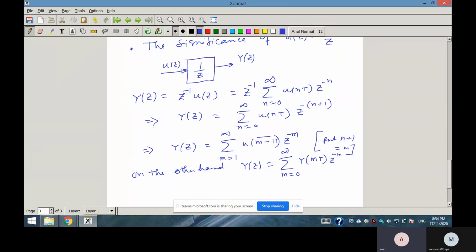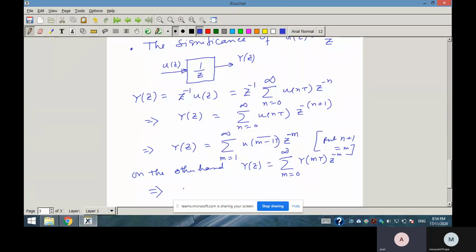That means y(mt) equal to u of (m minus 1) into t. So y(mt) equal to u of (m minus 1) into t.